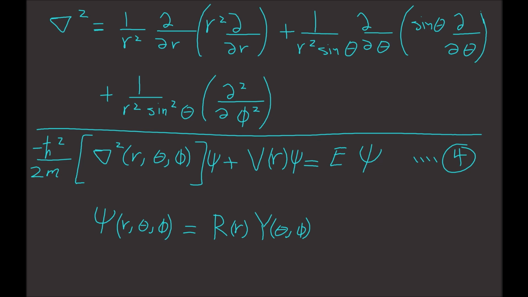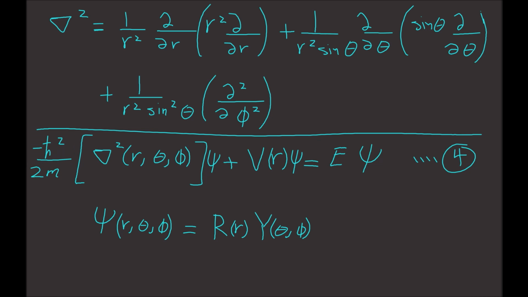So I assume that our wave function psi is the product of two other functions, R and Y. The R function is a function of only r, and the Y function is a function of theta and phi. With this assumption, we can take the solution and plug it back into equation number 4.